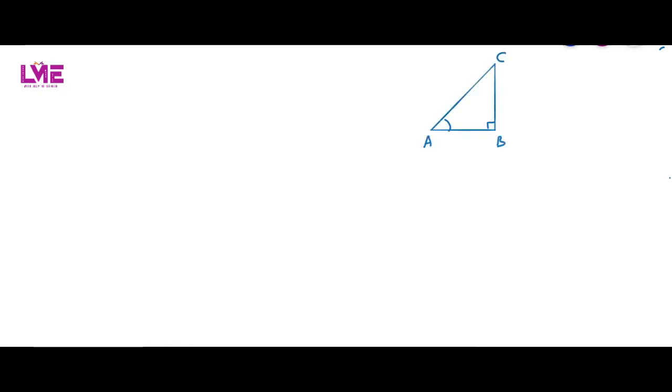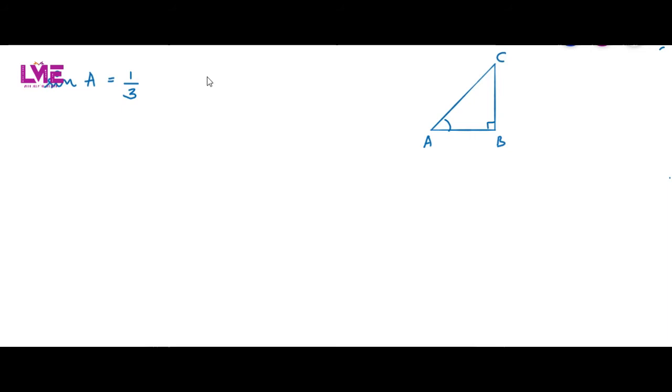So in the given right angle triangle, suppose sine A is known, the value, let us take it as 1 over 3. The value of sine A is 1 over 3. Then let us calculate the remaining trigonometric ratios.